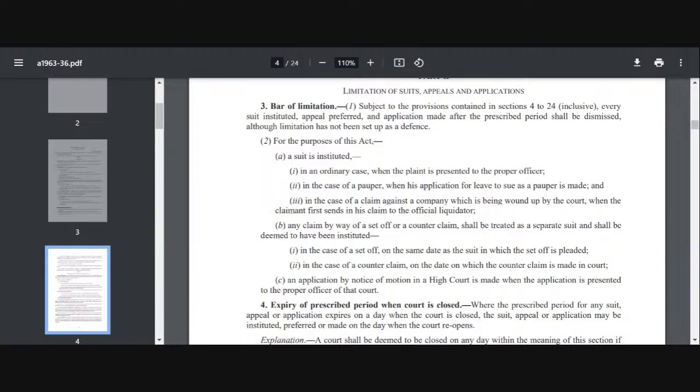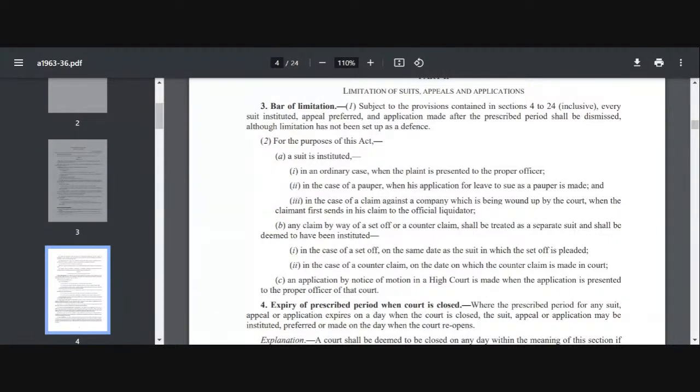So, for example, if the plaintiff A is claiming 20,000 rupees from the defendant B, and B states in his written statement that A has not given 15,000 rupees to B, what can happen?